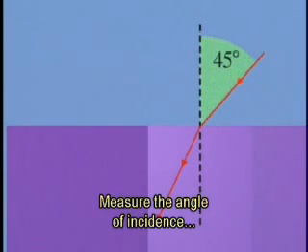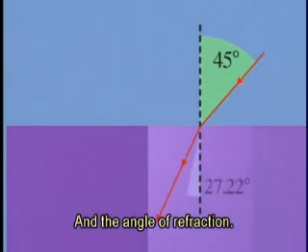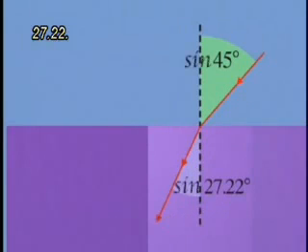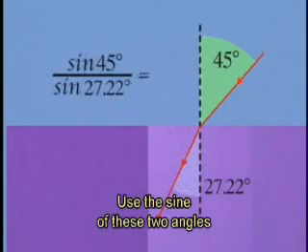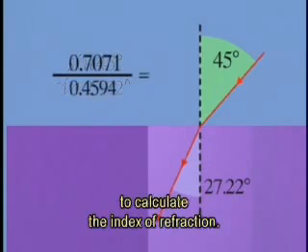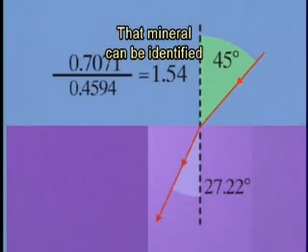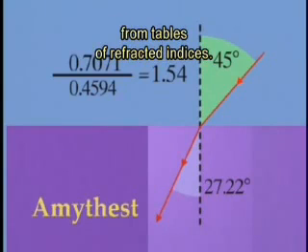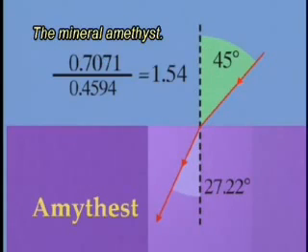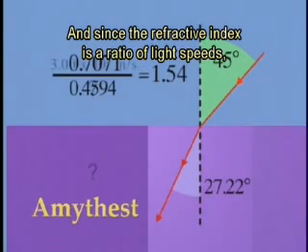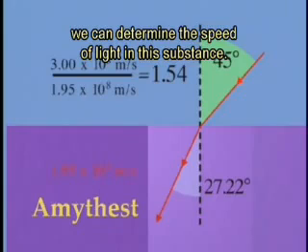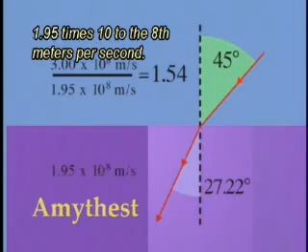Measure the angle of incidence and the angle of refraction. Use the sine of these two angles to calculate the index of refraction. That mineral can be identified from tables of refractive indices. And since the refractive index is a ratio of light speeds, we can determine the speed of light in this substance.